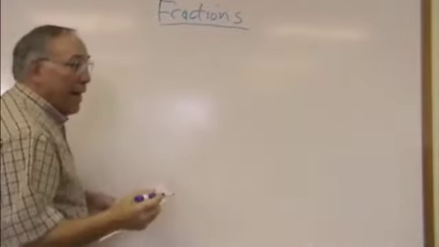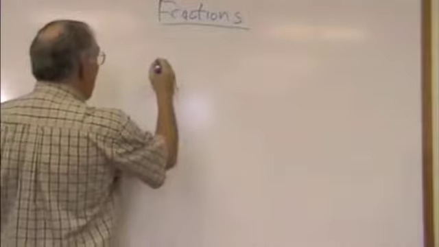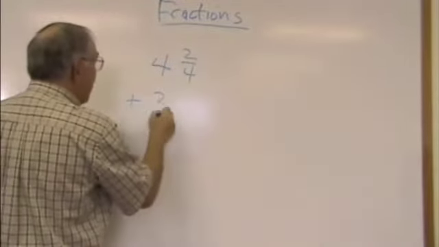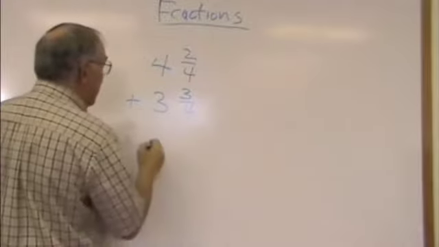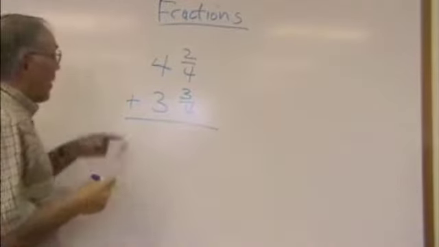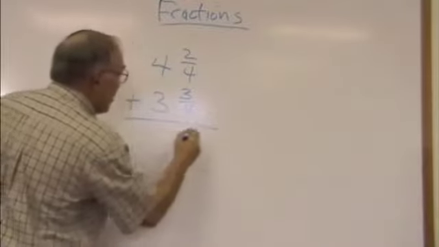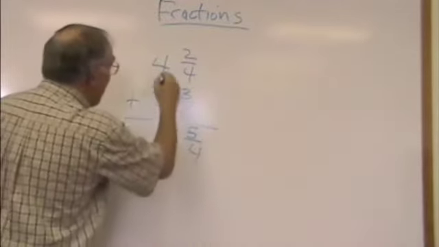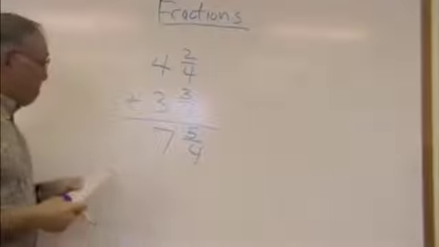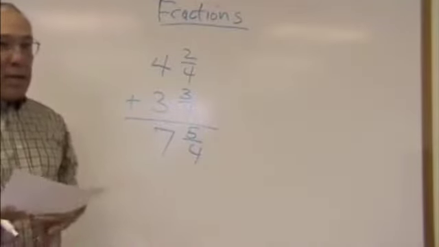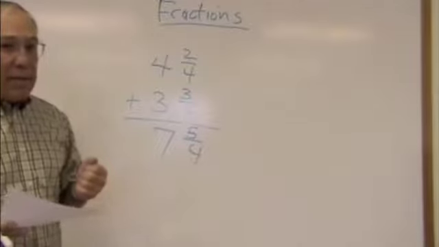What if we had this one, 4 and 2/4 plus 3 and 3/4, okay? Well, the fractions have the same denominator. 2/4 plus 3/4 is just going to be 5/4. 4 plus 3 is 7. So I have 7 and 5/4. Well, if you have 5/4, that's really $1.25, isn't it?